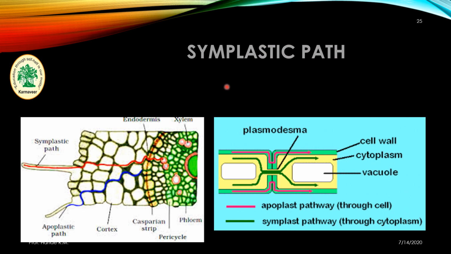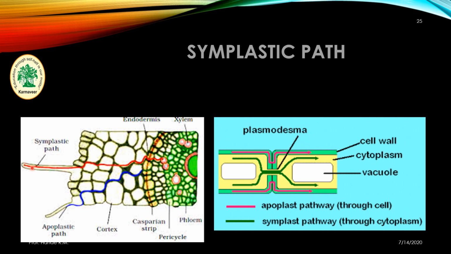Next is the symplastic pathway. Water passes from one living cell to another living cell through the plasmodesmata. This path is known as the symplastic pathway.